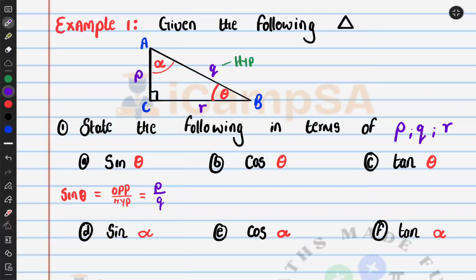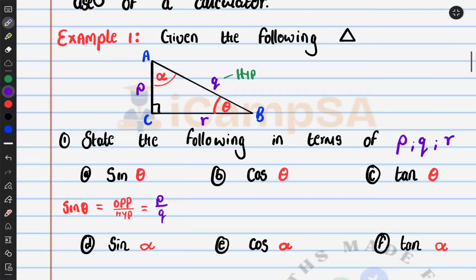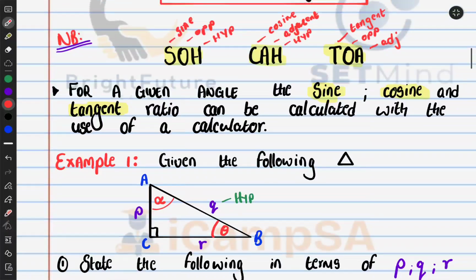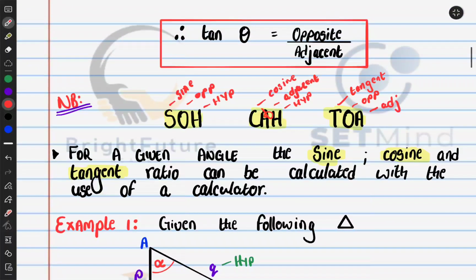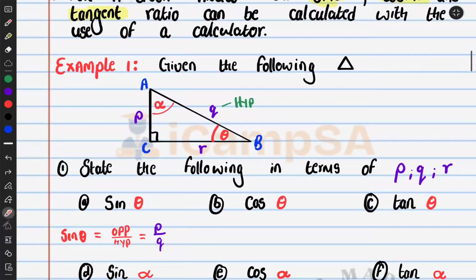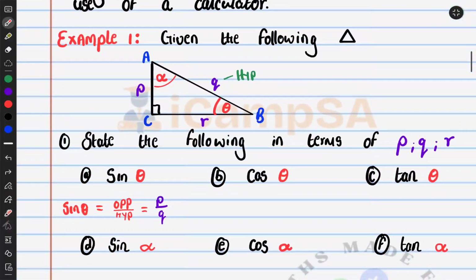And then next, cos of theta. And we know that cosine is the adjacent side over the hypotenuse side. So cos of theta is the adjacent side over the hypotenuse side.